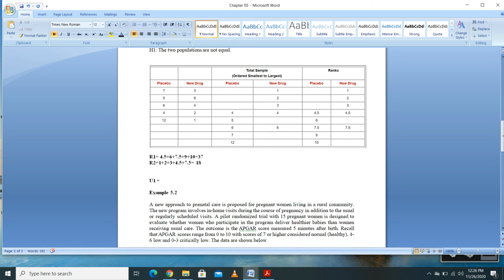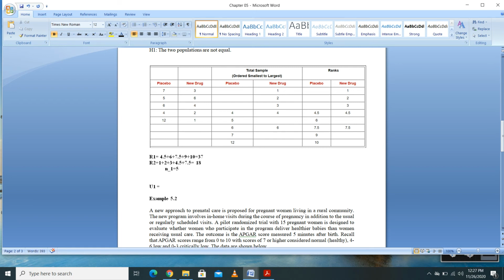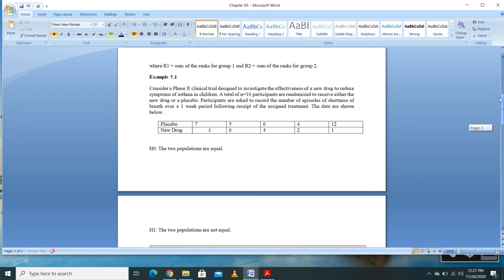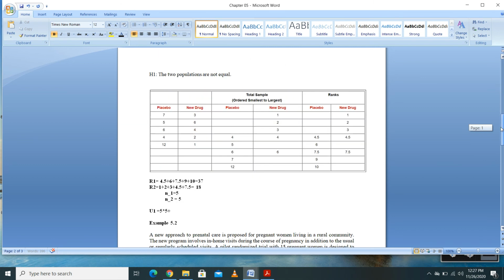In the first sample, N1 is equal to 5, and N2 is also equal to 5. So if you substitute the values, N1 into N2 is 5 into 5, plus N1 into N1 plus 1 over 2. This is the equation.